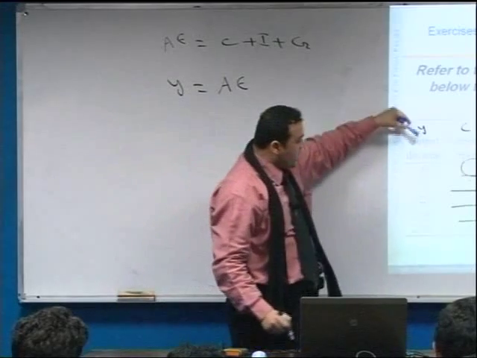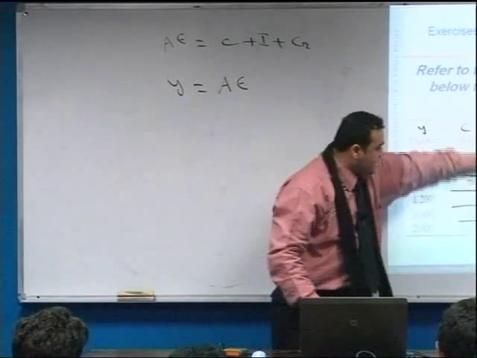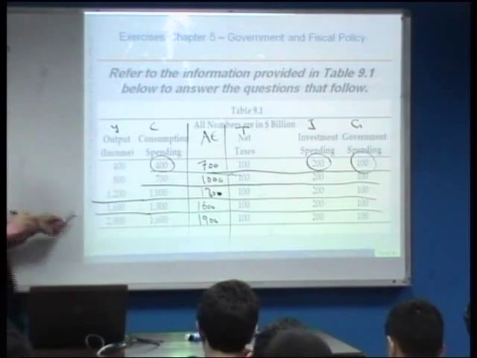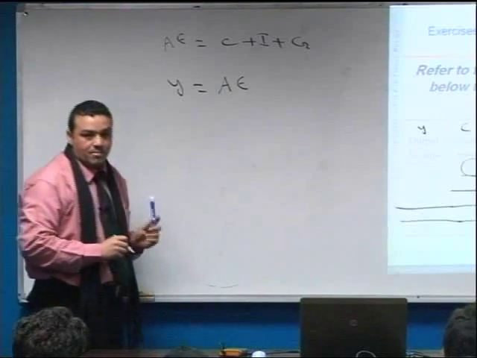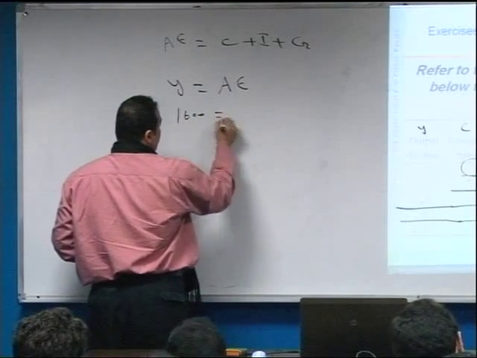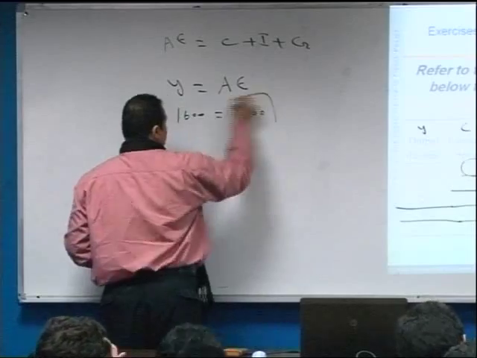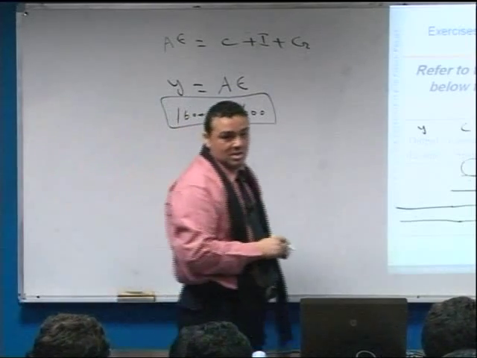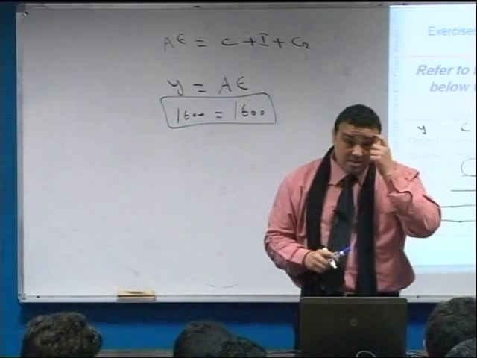Where is the case where Y equals aggregate expenditure? Exactly, at 1600. So the equilibrium occurs when Y equals 1600 and aggregate expenditure equals the same. So the equilibrium aggregate income or aggregate output is 1600, right? Okay.